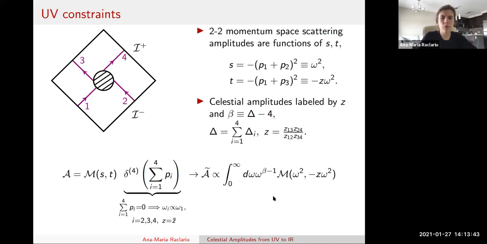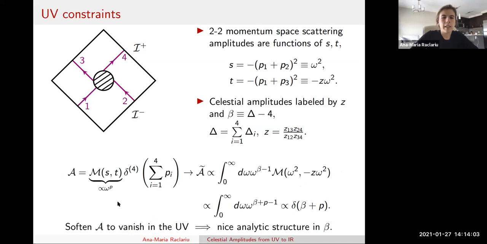This is the main relationship we're going to be using in the rest of the talk. It's a direct map between the momentum space 4-point function and the celestial amplitude. But as we can see, it depends on both beta and z, right?